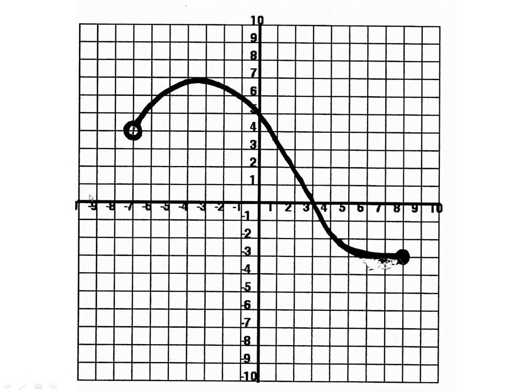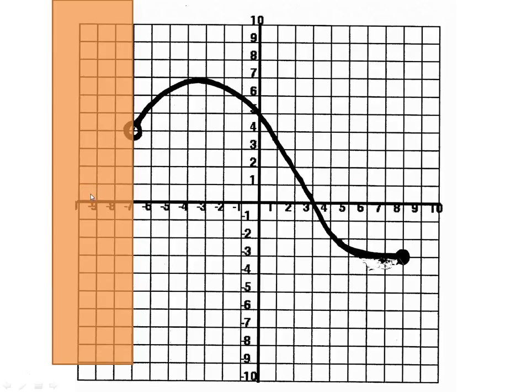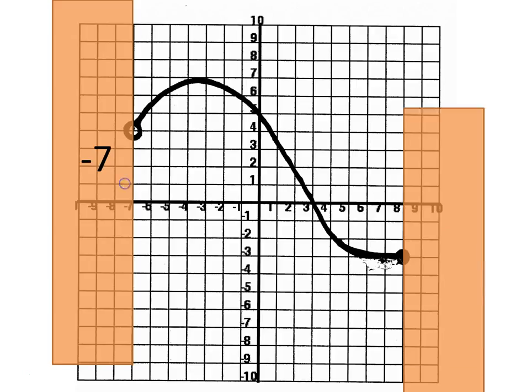If I put a sticky pad over here where the picture ended, you can see that my picture does not go below -7. It doesn't keep going. It stops at -7. So -7 is my limit, and that's where I stop. So let's put our sticky pad on the other side because we're doing domain and range, so we're doing left to right.